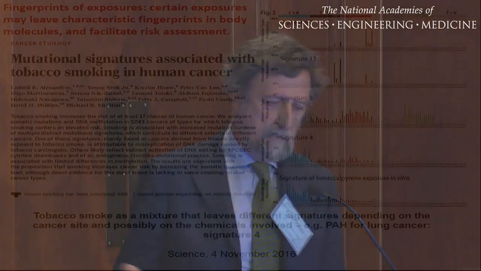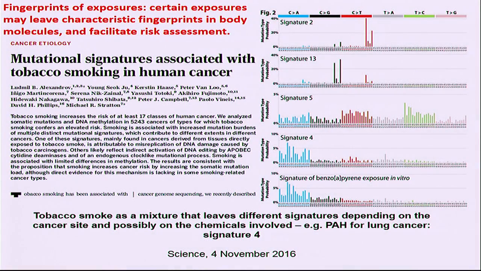But also, and this is quite interesting, in cells in culture treated with benzopyrene, Mike Stratton found the same signature, or a very similar signature, as found in biopsies from smokers with lung cancer, which may lead us to make an inference about the relevant chemicals in tobacco smoke that lead to lung cancer, as opposed to bladder cancer, where it is more likely that the chemicals involved are aromatic amines.